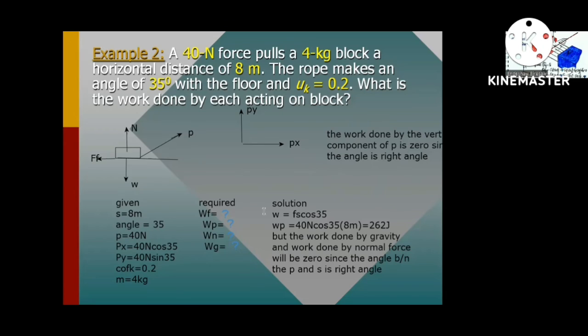And also the other one is the frictional force.